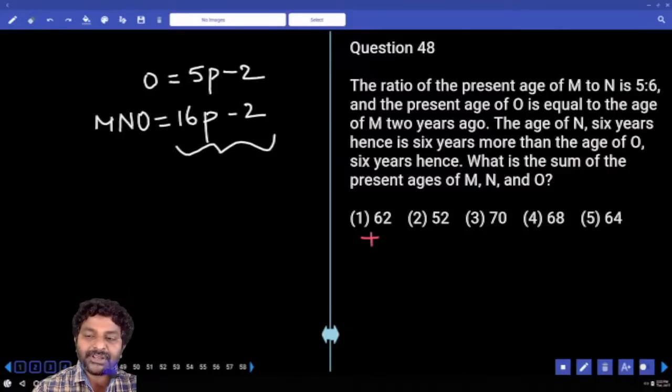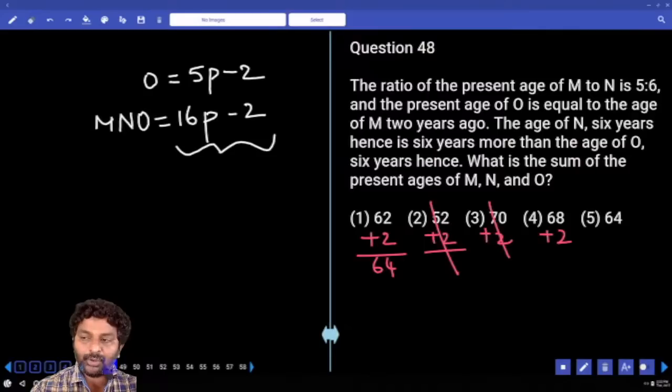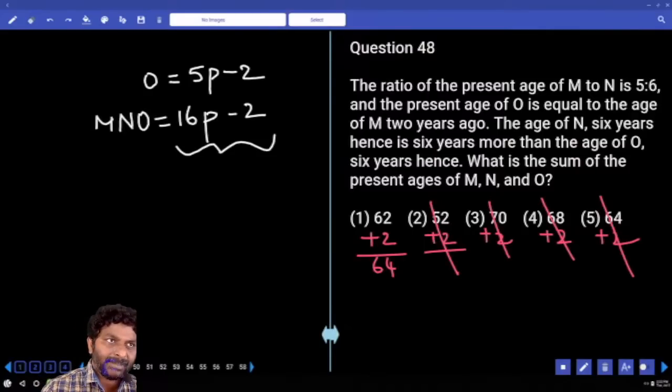So, to the option, if you add 2, it should become a 16 multiple only, right? What is the first option if you add 2? Is it a 16 multiple? This may be your answer. Is it clear?